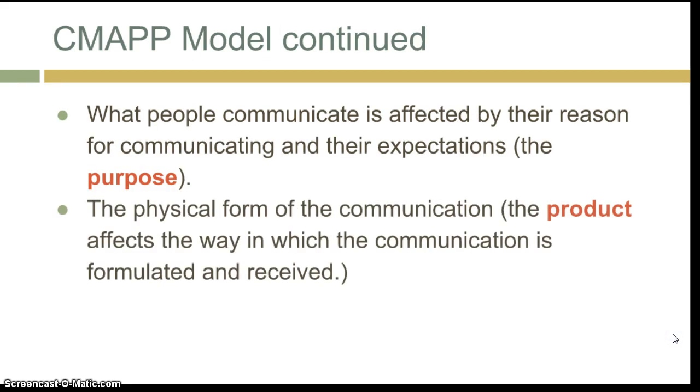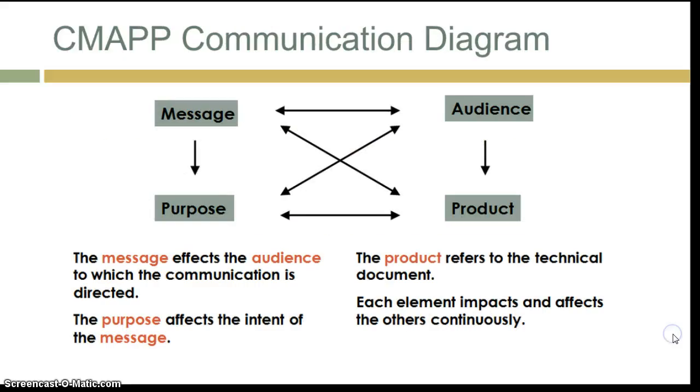In the CMAP model, what people communicate is affected by their reason for communicating and their expectations, or the purpose for communication. And the physical form of the communication, this is the product, affects the way in which the communication is formulated and received. Here's a diagram then of the CMAP model. So we have that the message affects both the audience to which the communication is directed.